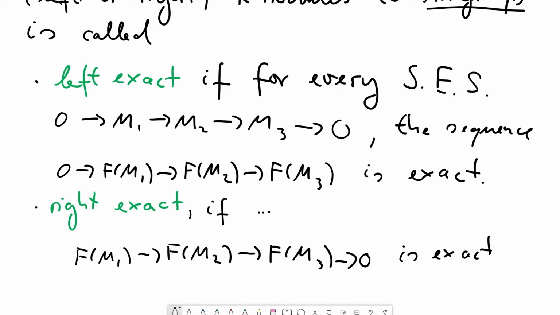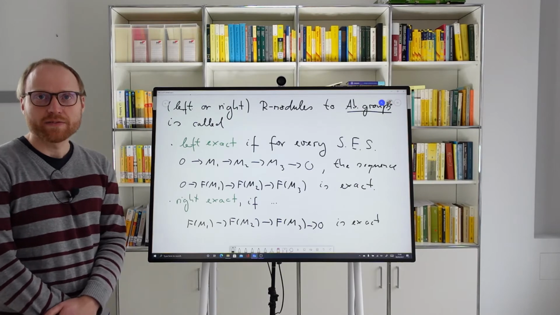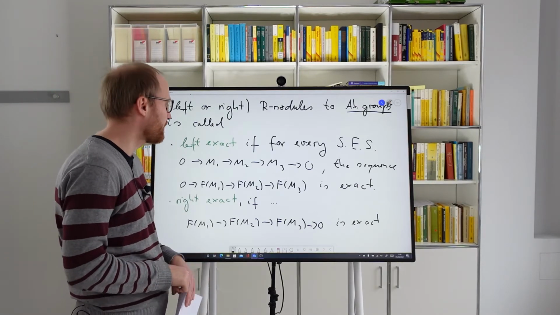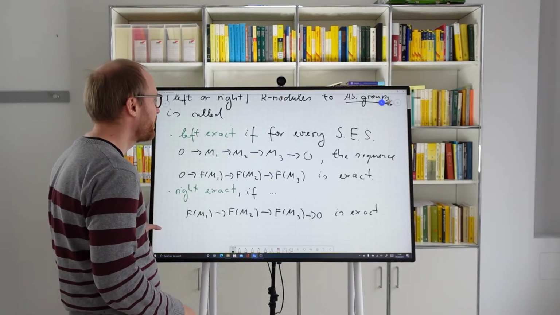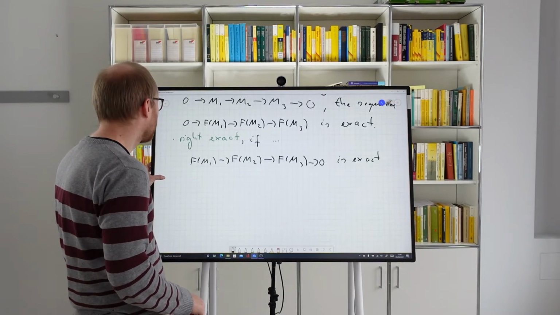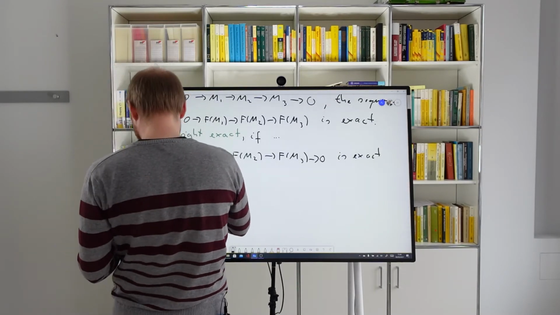Okay, so this is our definition for covariant functors, so if you want for ordinary functors, and we should also give a contravariant version of it, and that goes as follows.